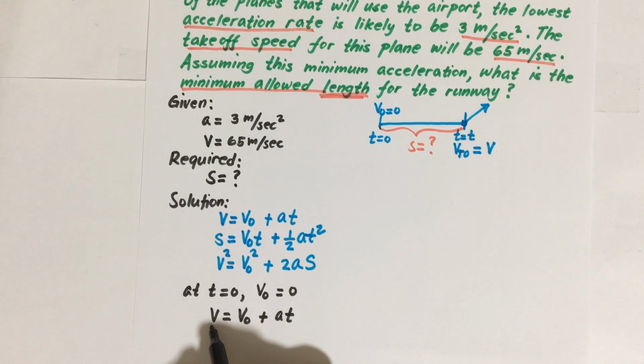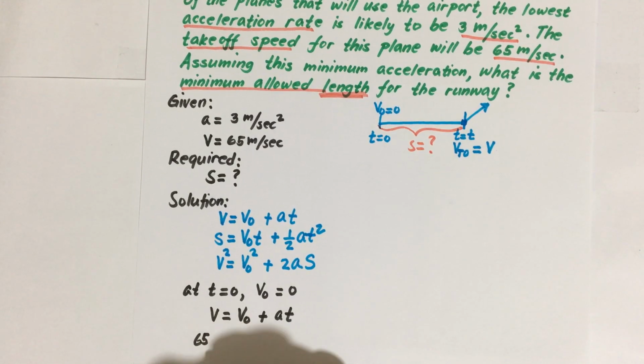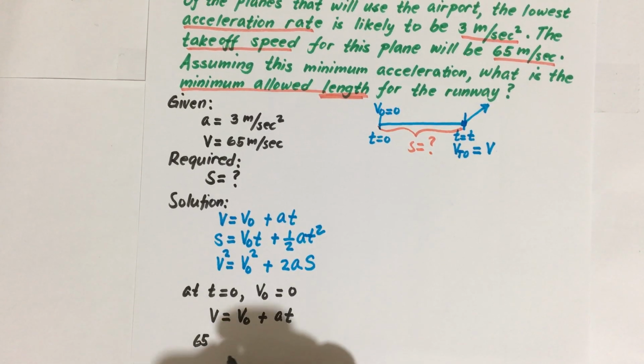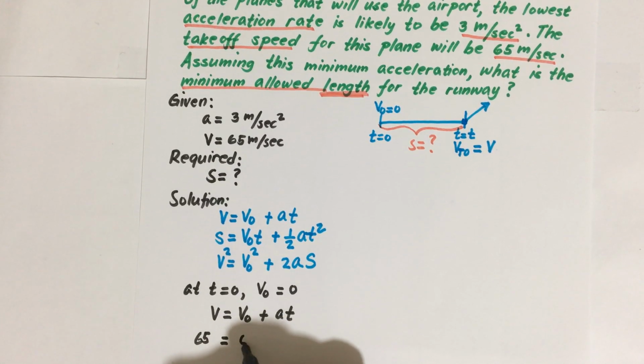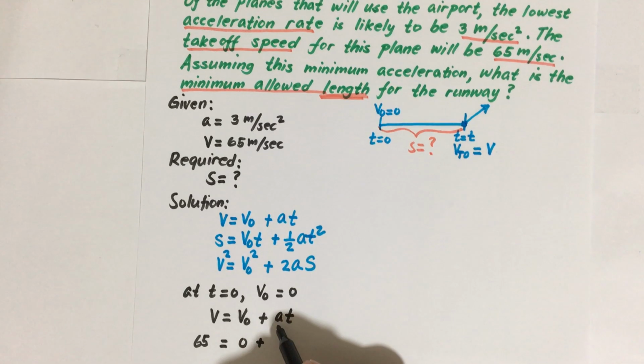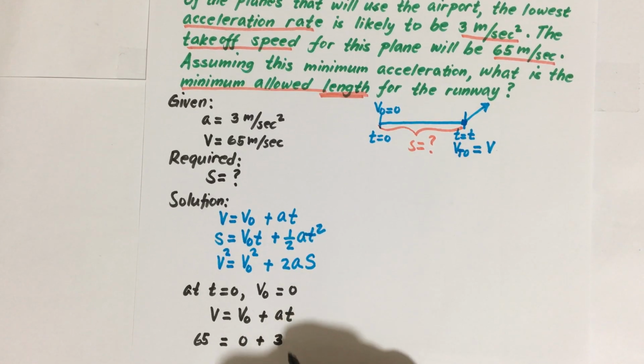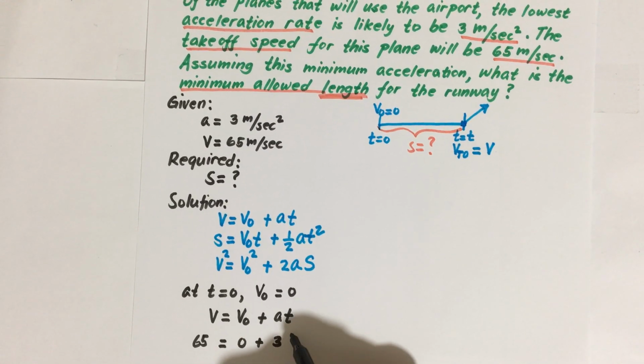So v is given, and that is 65. We'll just omit the unit first, and the initial velocity is 0 plus the acceleration, which is 3 meter per second squared, multiplied by t.